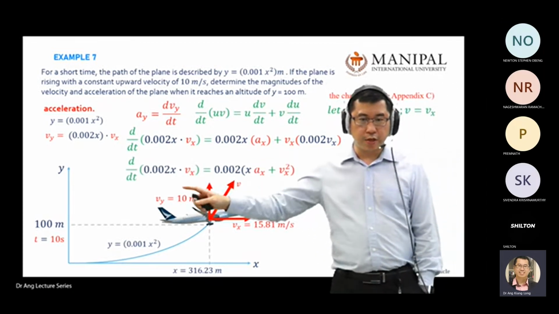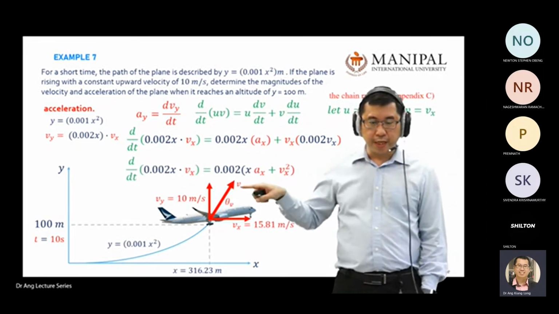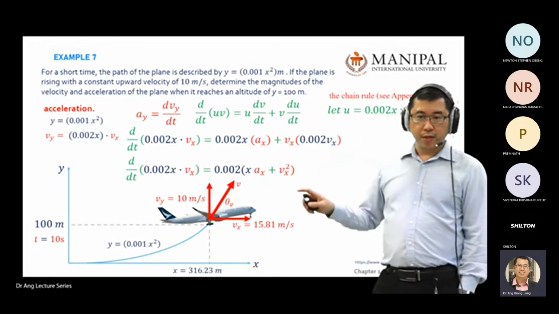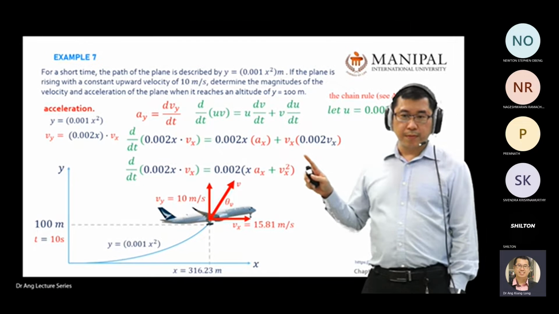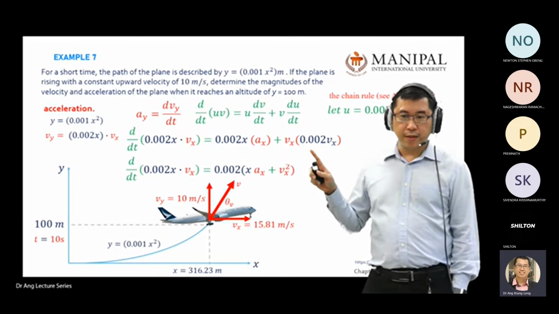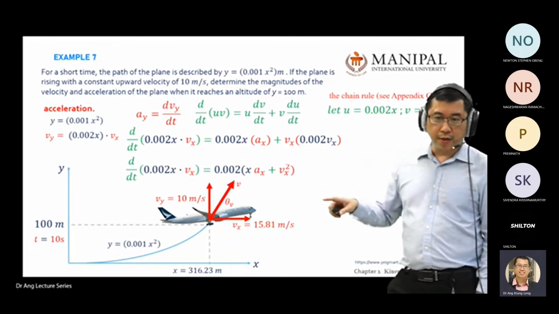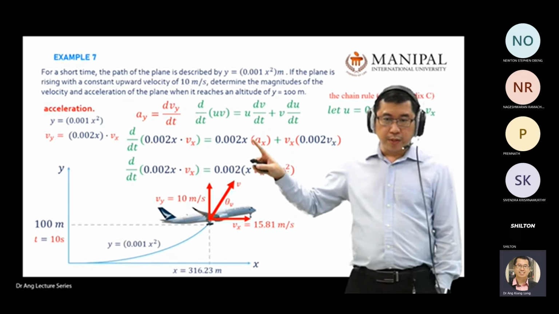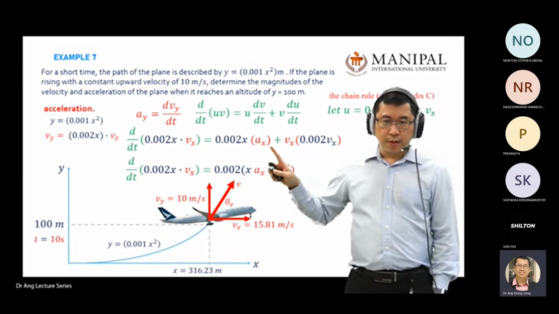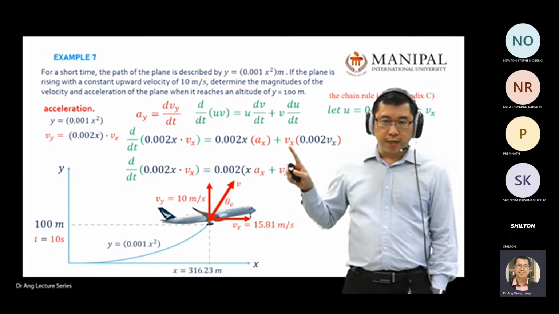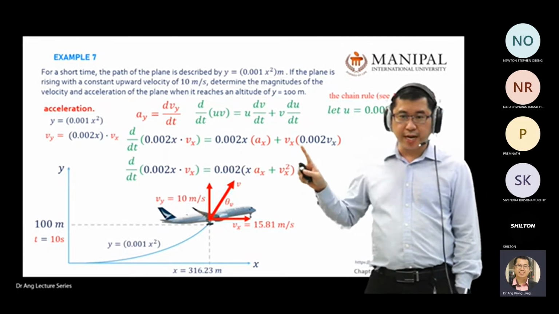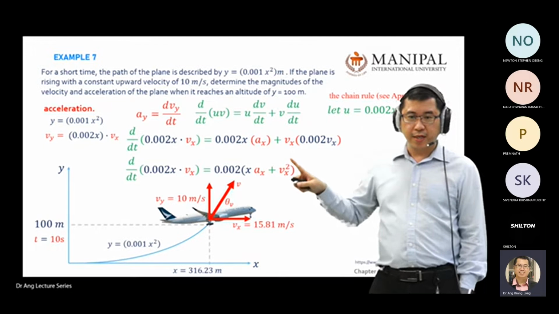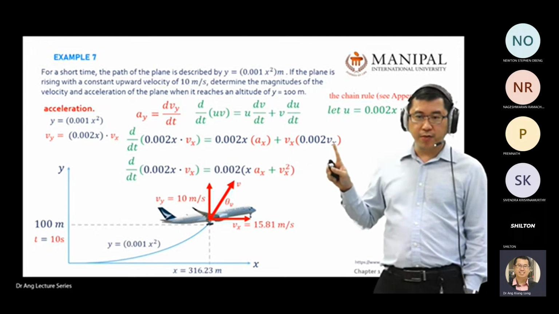Next, we continue with the mathematics steps. This one multiplied by this one, you have vx square. vx multiplied by this one.